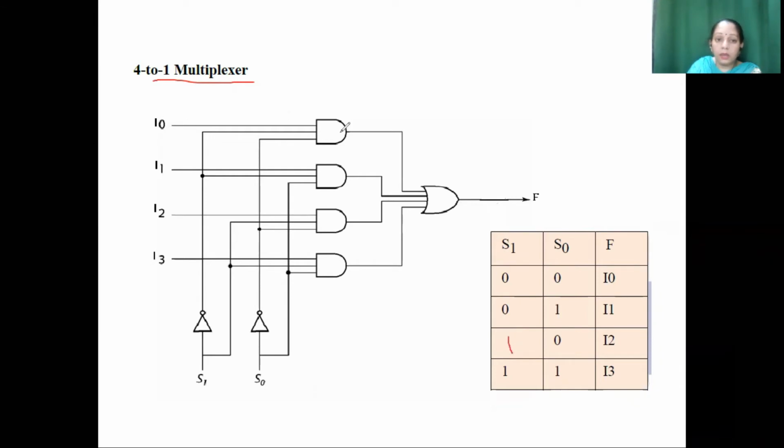Here I'm using AND gates. You can join I0 to one AND gate, I1 to another, I2 to this AND gate, and I3 to this. Now these are my selection lines S0 and S1.